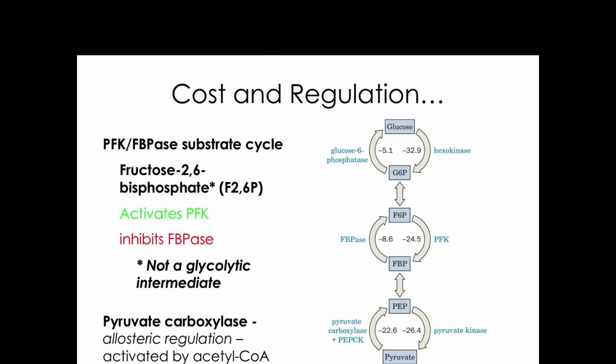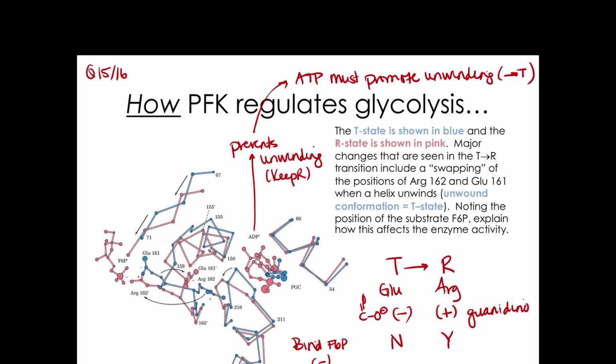And I'm going to find and flip back to the slide that we had about PFK regulation here. So remember when we had this slide, we talked about regulating PFK by T state and R state, and we talked about binding small effector molecules, and binding ADP and so forth, and swapping in and out a glutamic acid residue and an arginine.